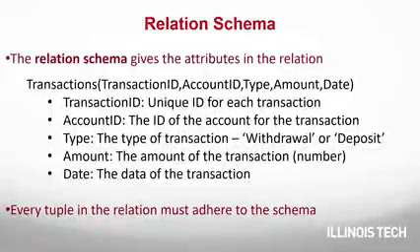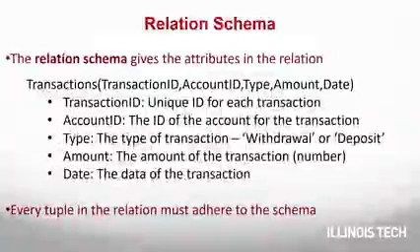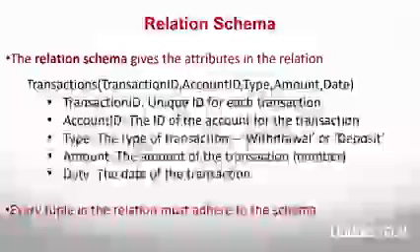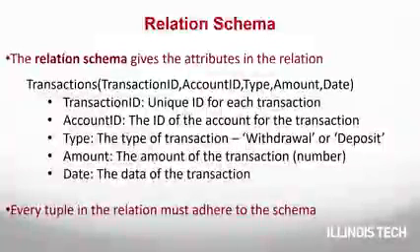Since any given relation has a specific set of attributes, each with its particular associated domain, it has what's called a relation schema, which gives the set of attributes in the relation and defines what they are. In this case, our transactions relation, which stores information about all of these transactions, has 5 attributes: transaction ID, account ID, type, amount, and date, each defined as given here on the slide.